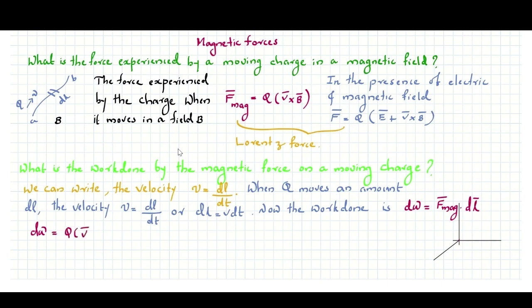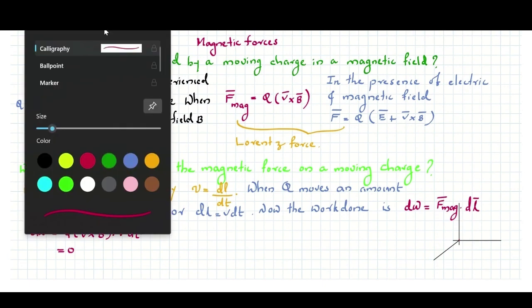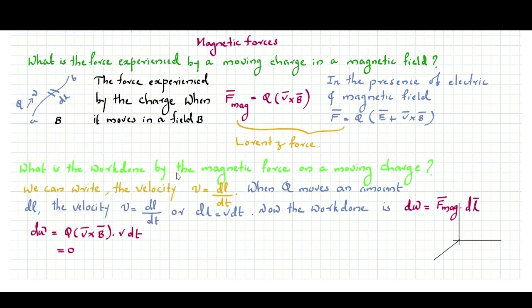Now substituting the value of F magnetic and dl, we have the expression for the work done by the magnetic force given by Q into V cross B dot V dt. The value of V cross B dot V dt is equal to 0.